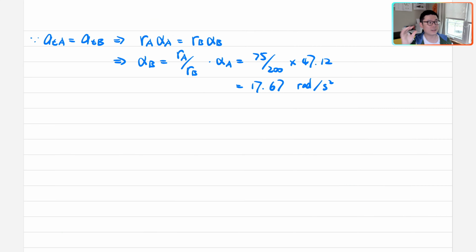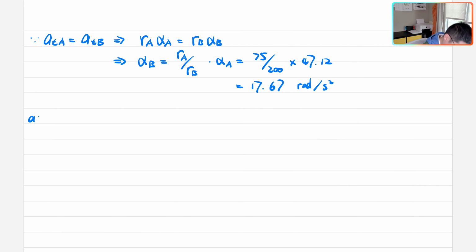How fast is B accelerating? 17.67. Now, let's go back to A, B, and C. A is asking, what's the total? The exact wording is the number of revolutions turned by drum B during the 8-second startup period. And we explained at the beginning, that's the total angular displacement.